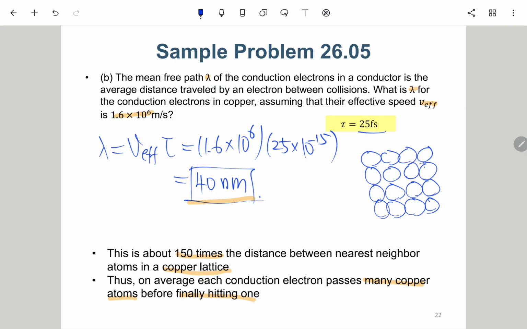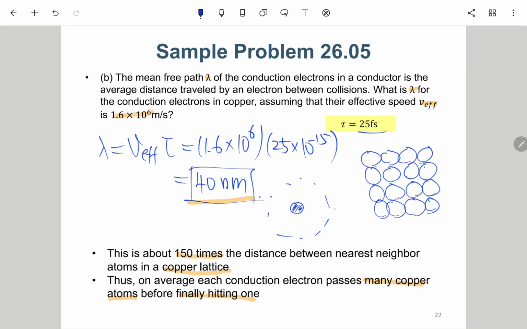So probably the atom should be like this: we have a nucleus in the middle, and quite a lot of space outside should be empty, and the electron just rotates around the nucleus in that space.